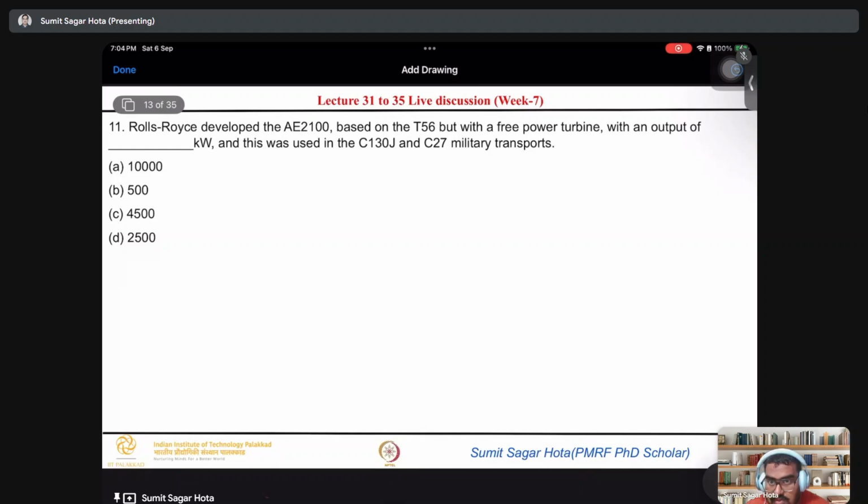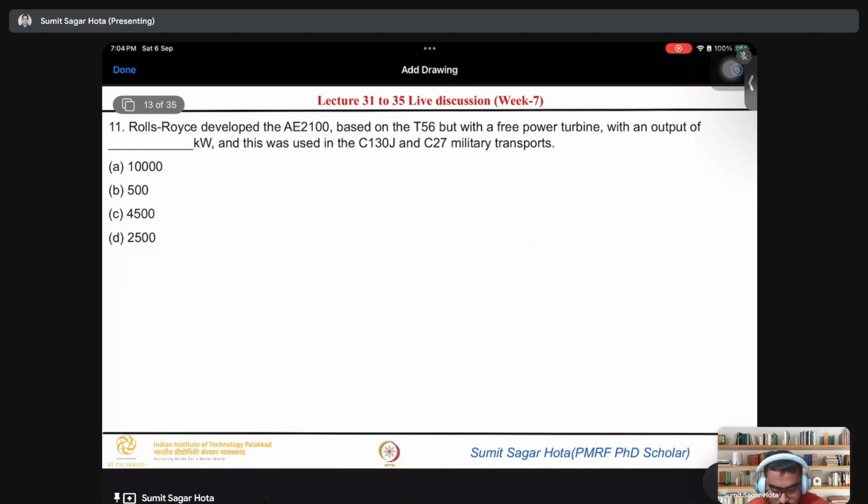Rolls-Royce developed the AE2100 based on the T56 but with a free power turbine, with an output of dash kilowatt, and this was used in the C-130J and C-27 military transport.